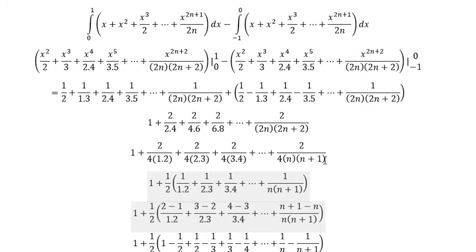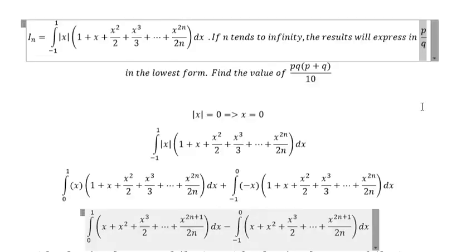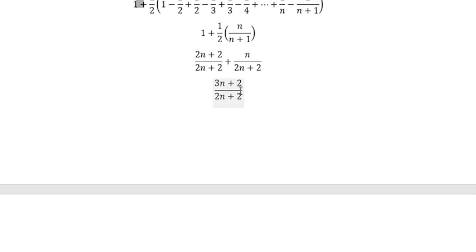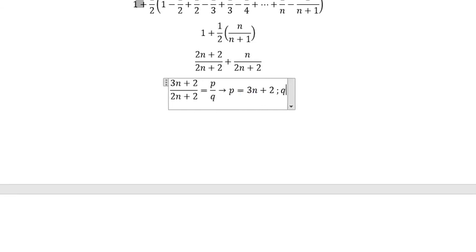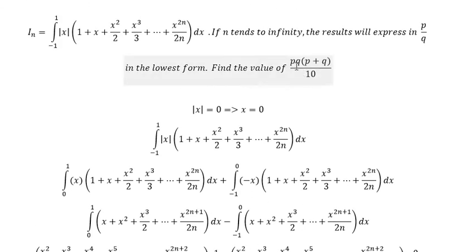And now let's compare for the question they asked about p over q. It should be like this. So we have p equal to 3n plus 2, q equal to 2n plus 2. So we put this one in here.